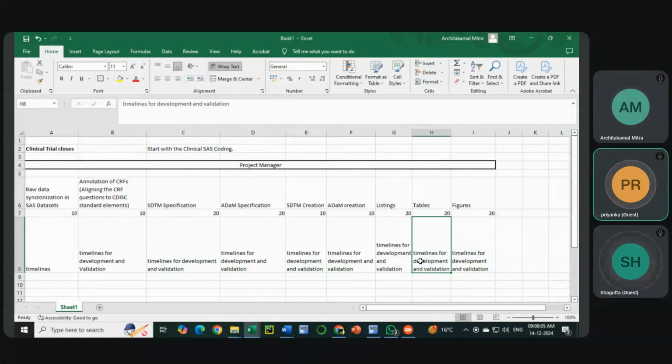What's the difference between the clinical reporting part of ANDA and NDA? What is excluded from ANDA that is included in NDA? Like the tables and listings, SDTM, any difference between ANDA and NDA?